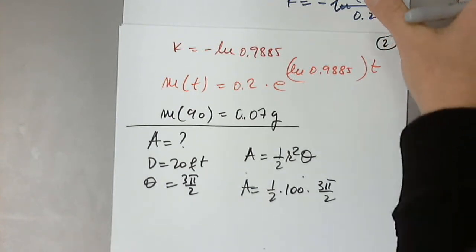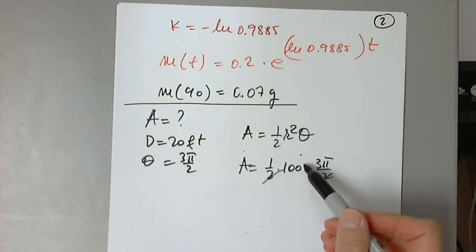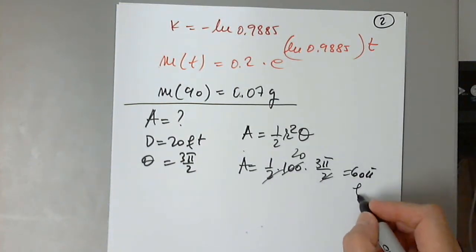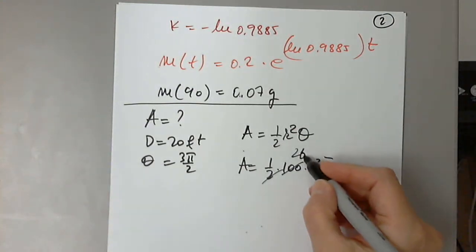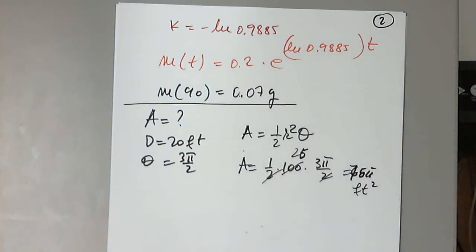So when we divide by 4, we get 25, so this is 75. So what was the problem? What do you think? So 75 times pi. Is that what we wrote?